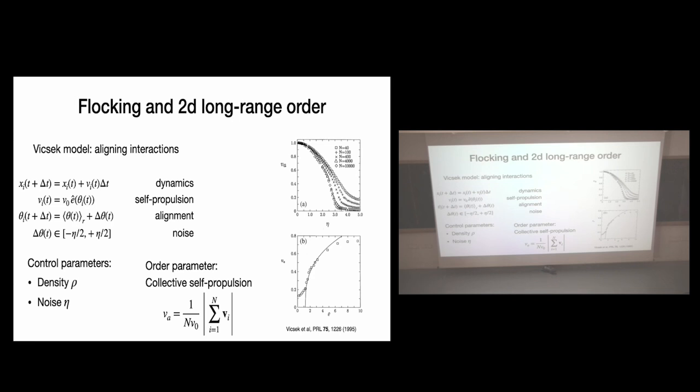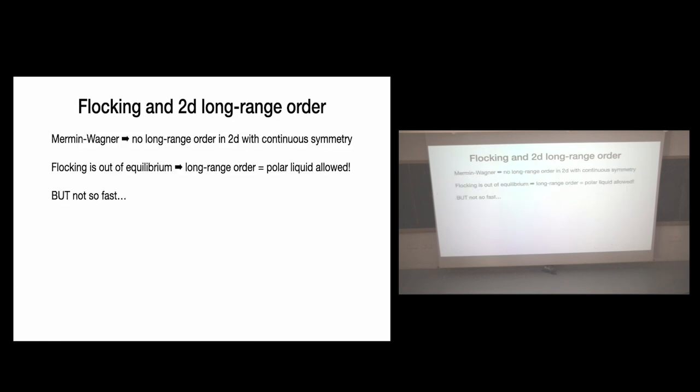But now comes the second question. Why is this so surprising? Why am I asking you this question? If anybody has a hint? Very good point. So exactly this was the surprise of this: we see that this is a system with continuous symmetry, where the spins are able to rotate in a continuous way, and we knew since the 60s that Mermin-Wagner prevents the appearance of long-range order in 2D when you have a continuous symmetry.